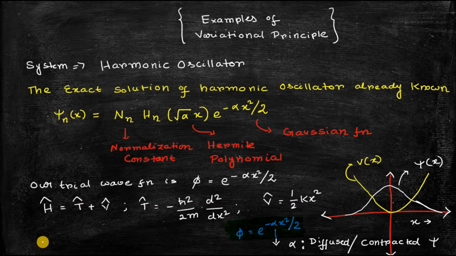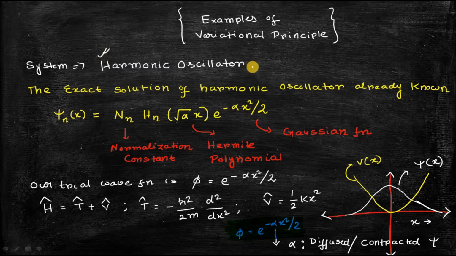Suppose we take an example. Here we will see an example of the variational principle to determine the best possible approximate wave function and energy of the ground state of a quantum mechanical system called the harmonic oscillator.